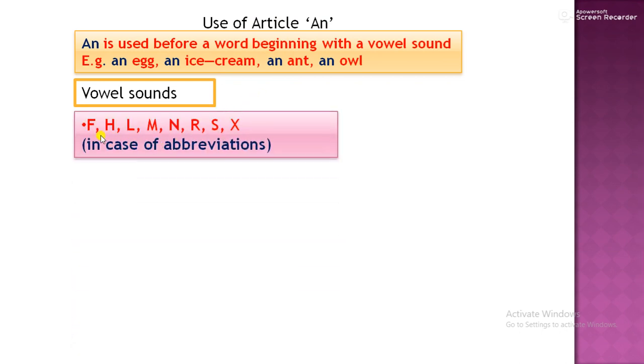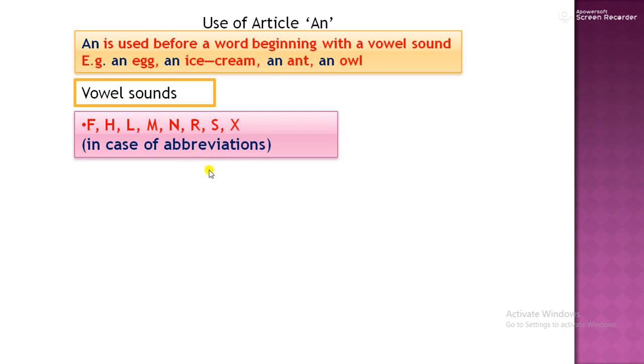Vowel sounds. For example, out of 26 letters of the alphabet, 5 vowels I told you: A, E, I, O, U. Now vowel sounds are also there. So these are the alphabets out of that 26 alphabets of English, A, B, C, D. In that, these are there which give vowel sound, which emit vowel sound. But you have to be very careful when these are abbreviations or short forms.